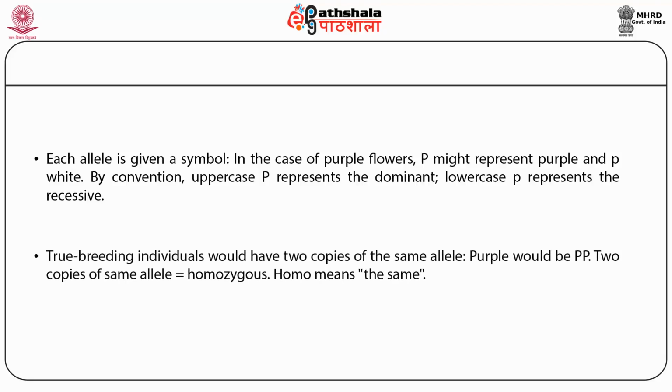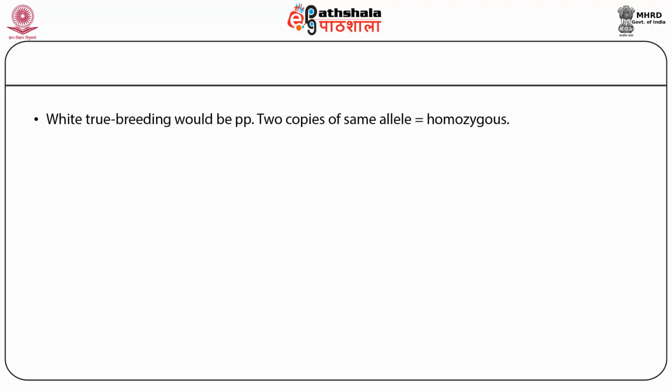True breeding individuals would have two copies of the same allele. Purple would be uppercase PP, two copies of the same allele, that is homozygous. Homo means the same. White true breeding would be lowercase pp, two copies of the same allele, that is homozygous.